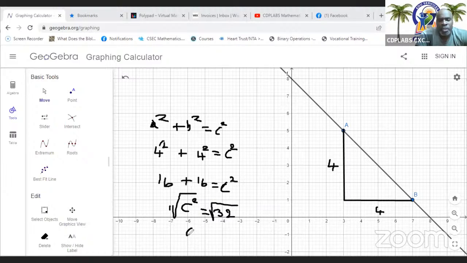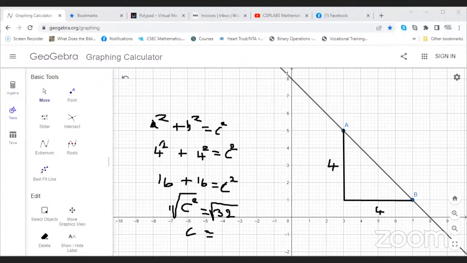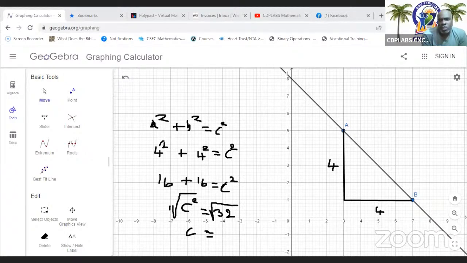So the square root of c squared is c. And let's find the square root now of 32. So use a calculator now. Five and a half or 5.6-ish, or 5.7. 5.7. Yeah.